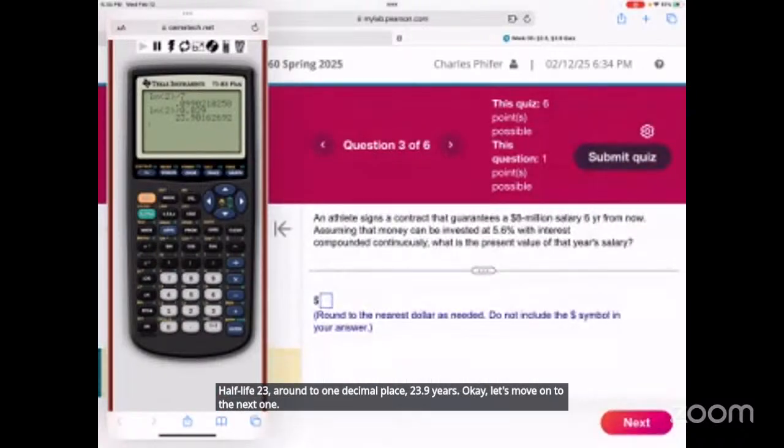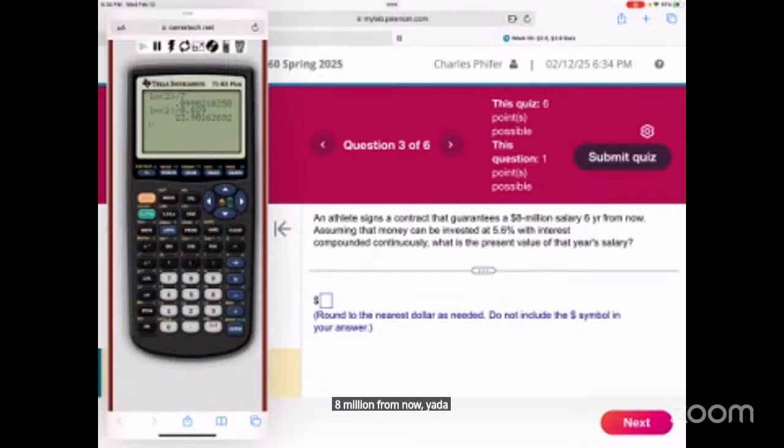8 million from now, yada, yada, yada. What is the present value? So it was P equals A over, okay. So the future amount is 8 million divided by E to the power of R. So it's a decimal, 0.056. And 6 years, so times 6.